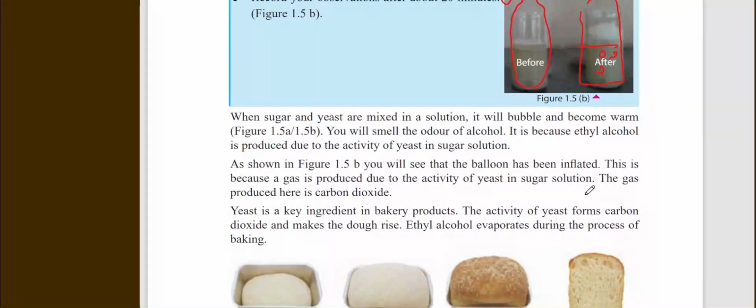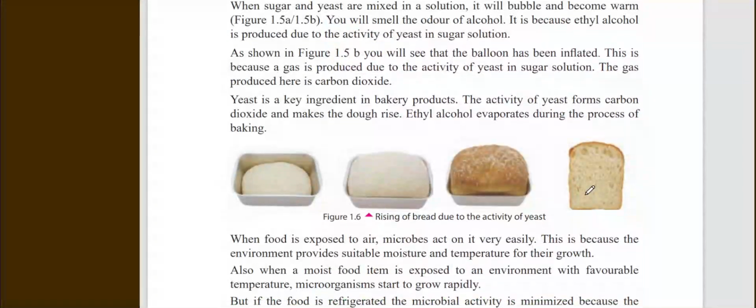Another very important use of yeast is in the bakery industry. In the bakery industry, this is the dough we prepare. When preparing the dough we have added some amount of yeast. Nowadays we generally use baking powder, but let us think that we have used yeast here.